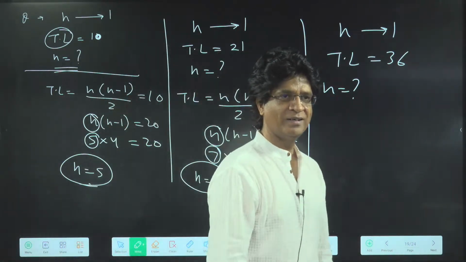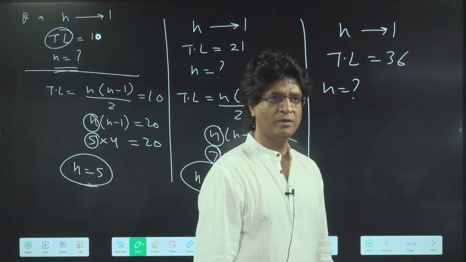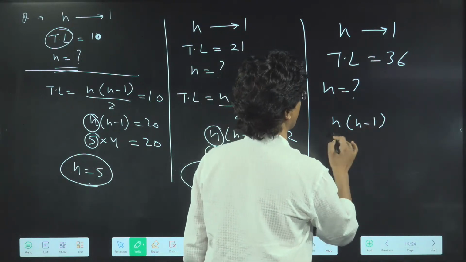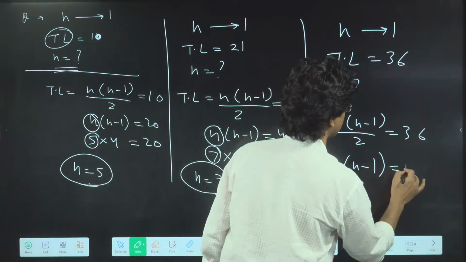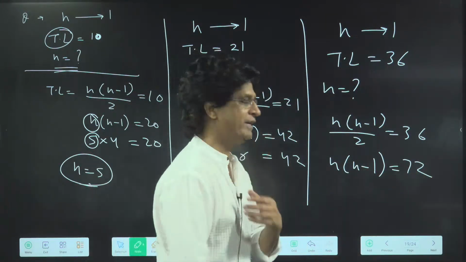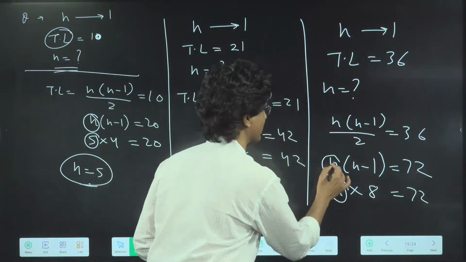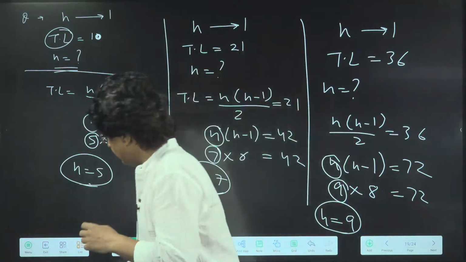Very good, Manish, Shavanika. So n into n minus 1 upon 2 is 36. So n into n minus 1 is 72. Factors of 72: 9 into 8 is 72. The bigger number is our answer. n will be 9. Getting it, everyone?